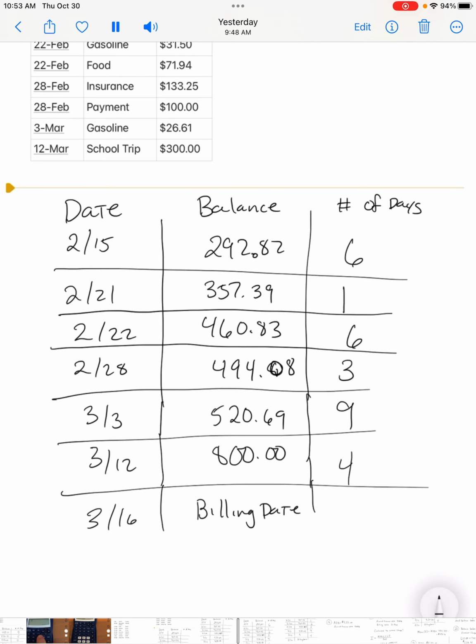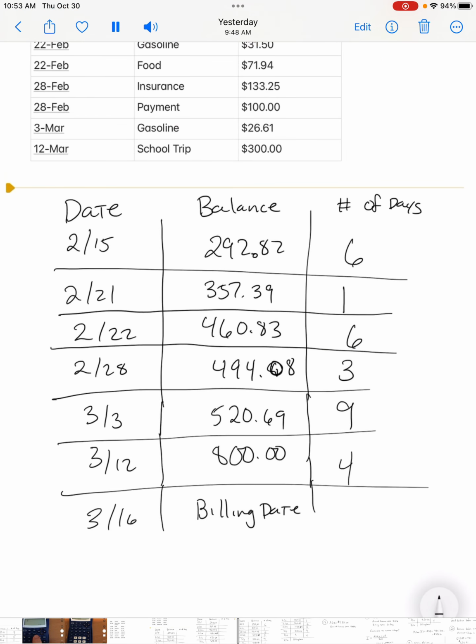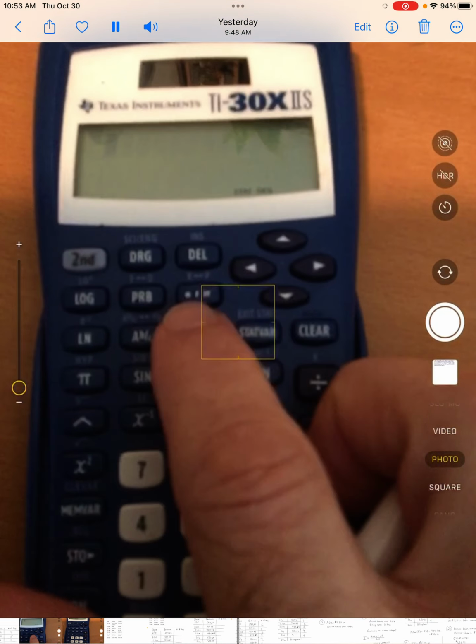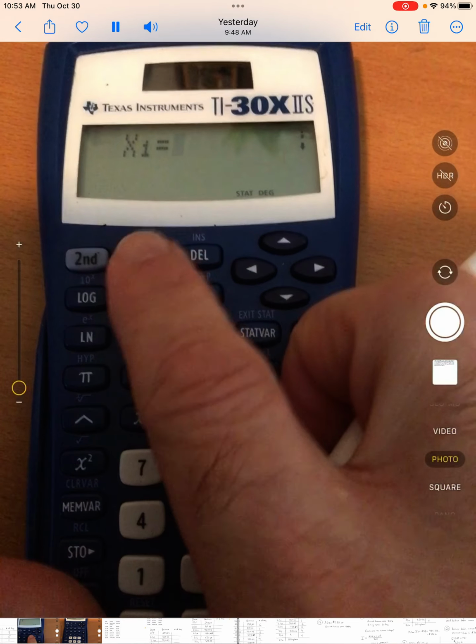But here's our data. Now what do we do? We just grab our calculator. We clear that data. Maybe I should remind you how to clear data because it's been a little while. So let me go back to this. As I go to enter in data, okay, it's got data in there. I don't want that.